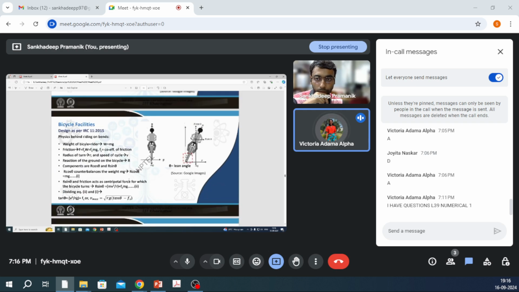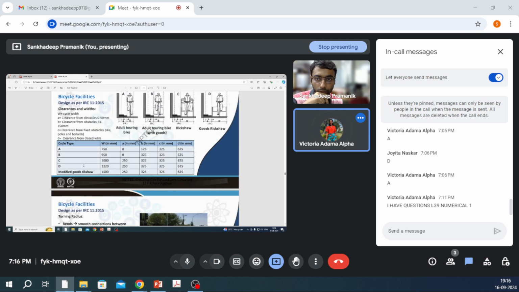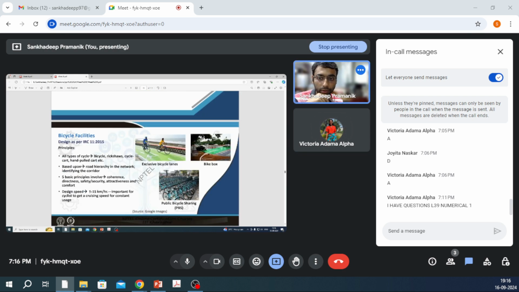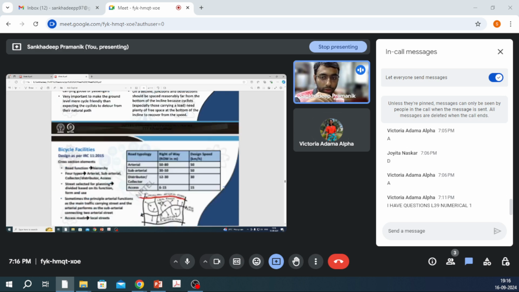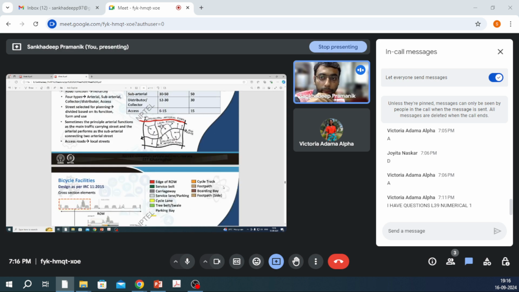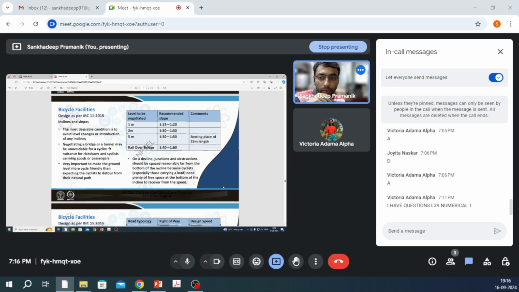Yeah, I think it's the first page above. This one. Yes, 15 design speed. Is it different from the cruising speed? Yes, it can be different. Is the crossing speed mentioned somewhere? Let me just check once.